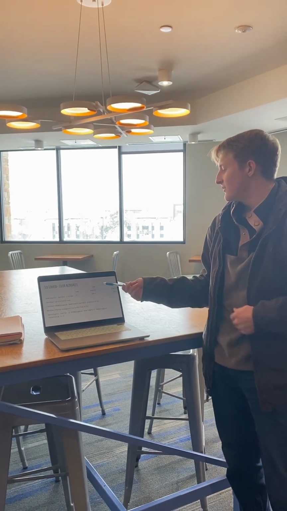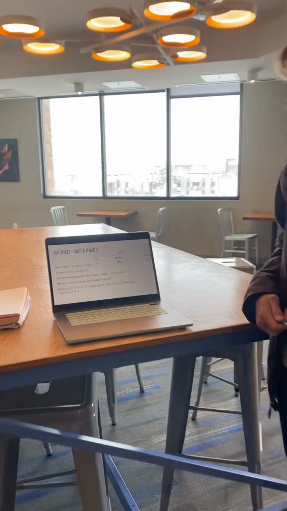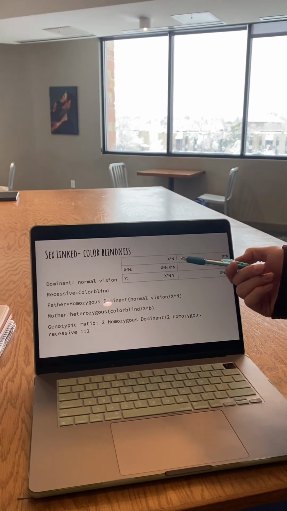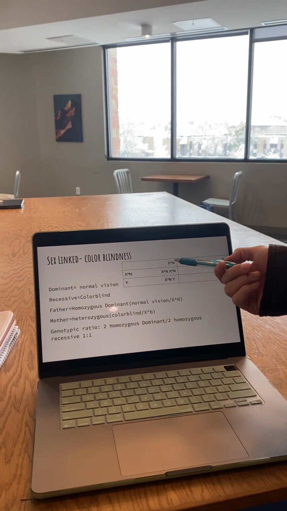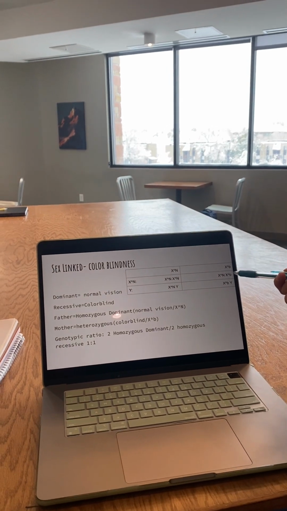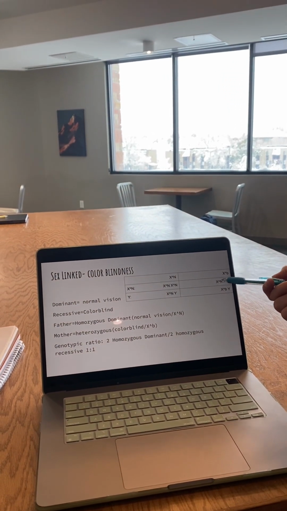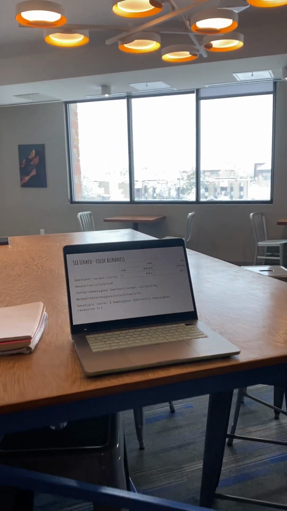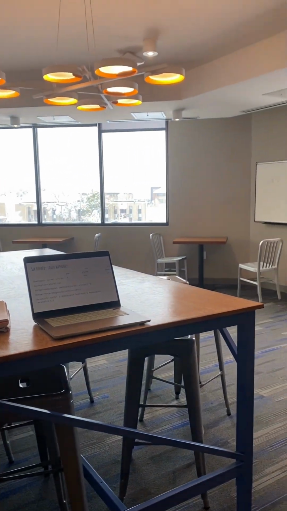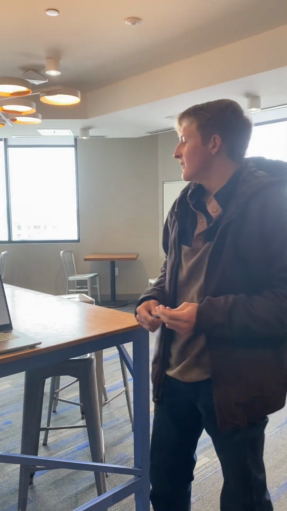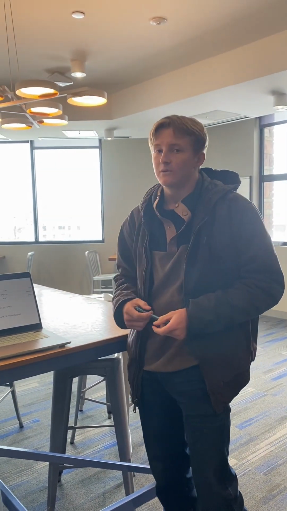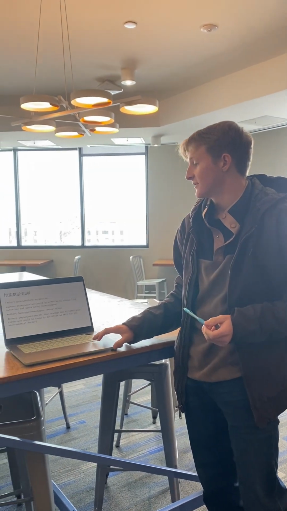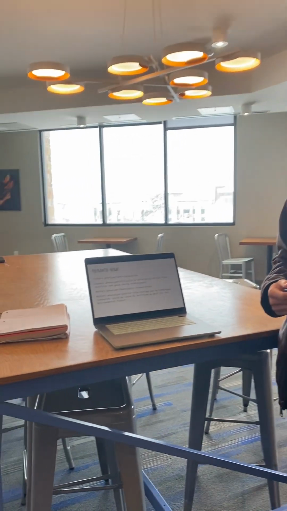On this Punnett square, you have Johnny Depp here, X raised to the N with Y, and then you have Dolly, X raised to the N and X raised to the little b for the colorblindness trait. So the genotypic ratio is 2 homozygous dominant and 2 homozygous recessive, so 1:1. So 50% of the offspring will be colorblind. So that's sex-linked.